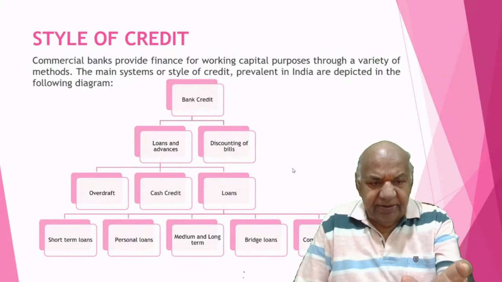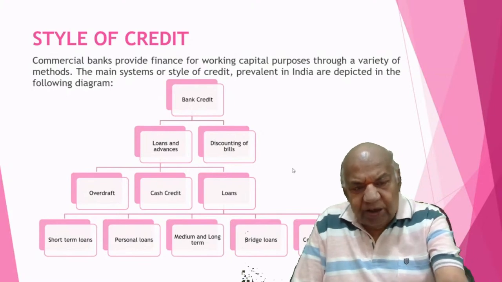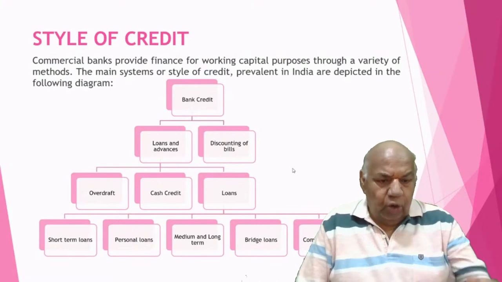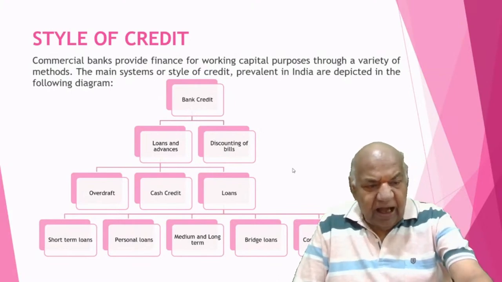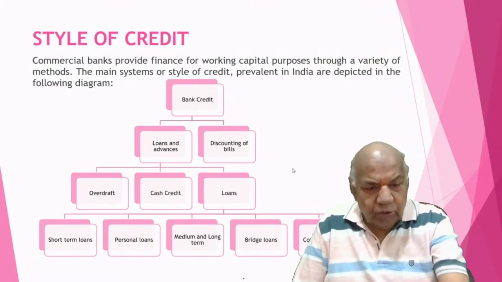Bank credit has two types: loans and advances, and discounting of bills. Loans and advances are of three types: overdraft, cash credit, and loans.